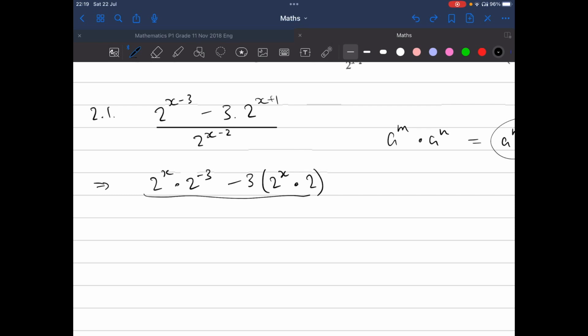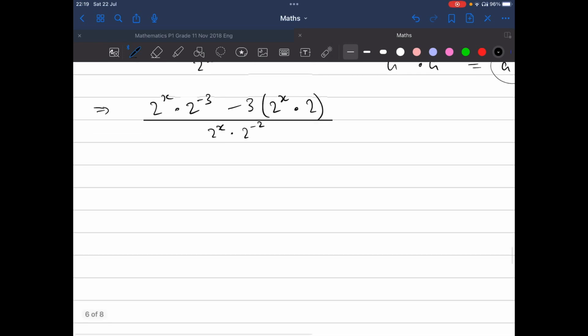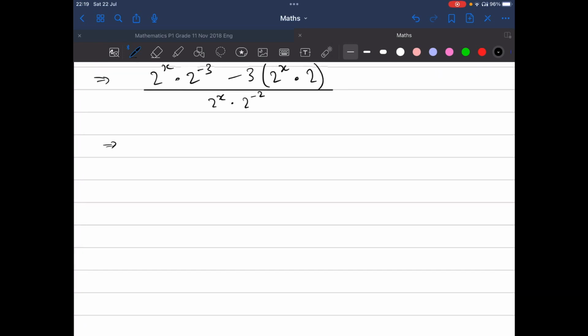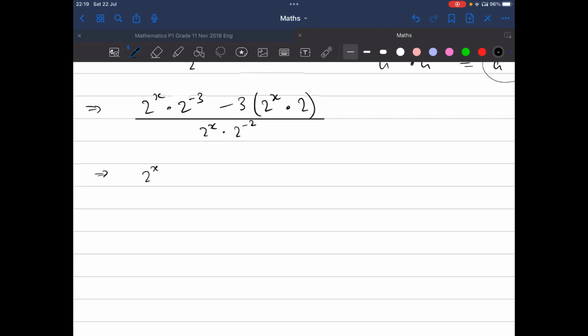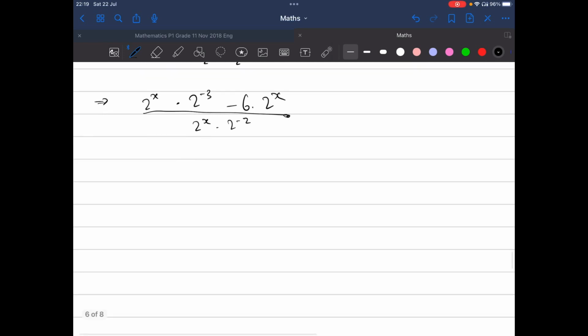Okay, now I can break up the bottom one as well, so 2 to the x and 2 to the minus 2, and now I can simplify the top a bit, so 2 to the minus 3, and now I can just multiply those and make it 6 because it'll just make everything a bit simpler, right? At the bottom we can't really change much, so we'll just leave it as is for now.